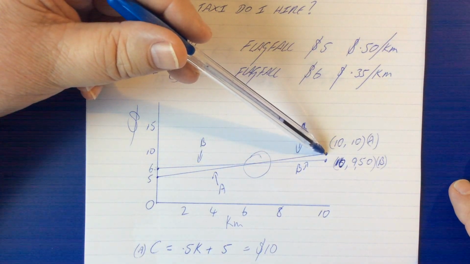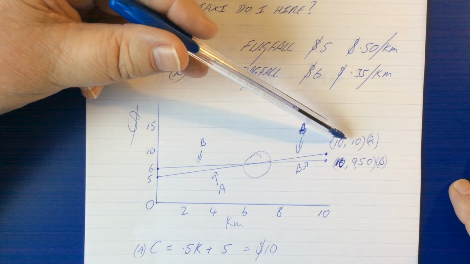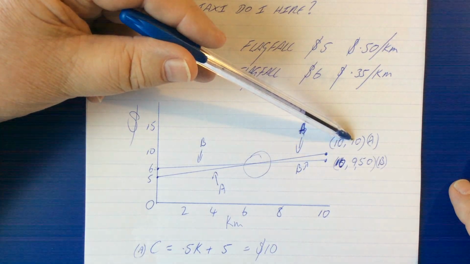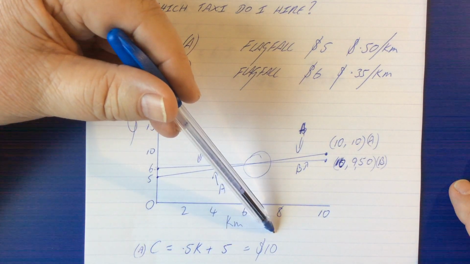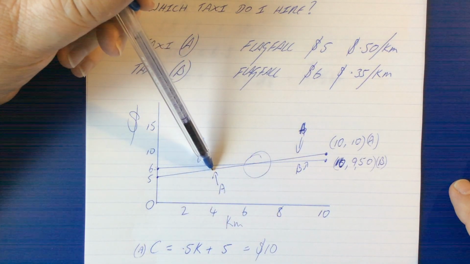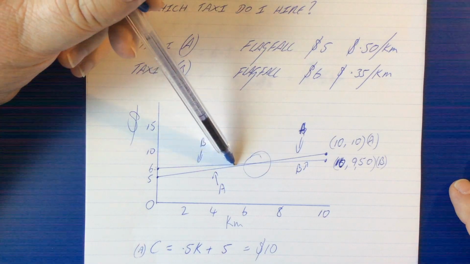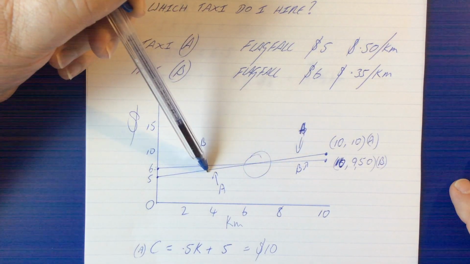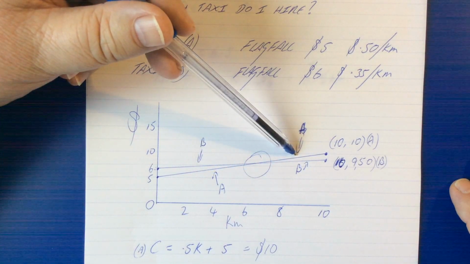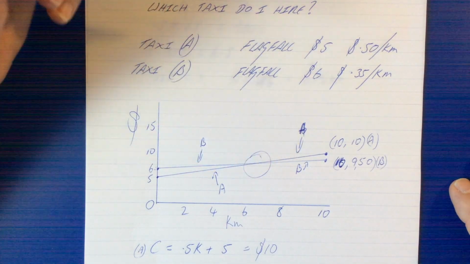At the end of this 10-kilometre ride, I will owe the taxi driver $10. So that's what I got from putting 10 into this function. This is the line for function A. It goes through here, and function A winds up here. And you will notice, of course, that they cross over.